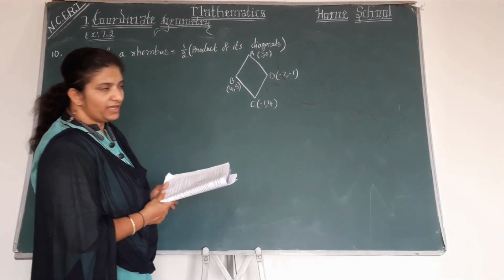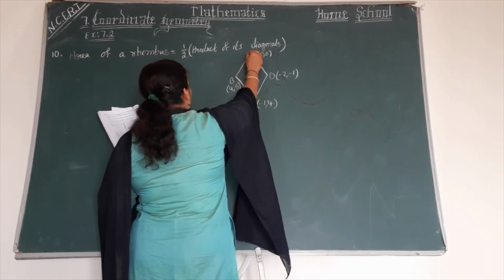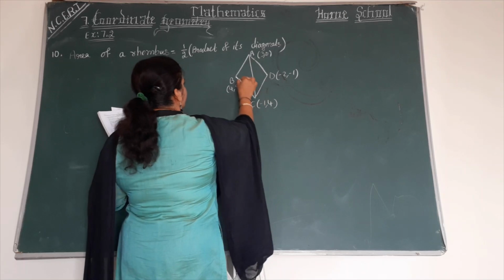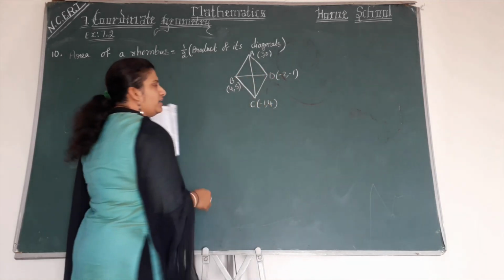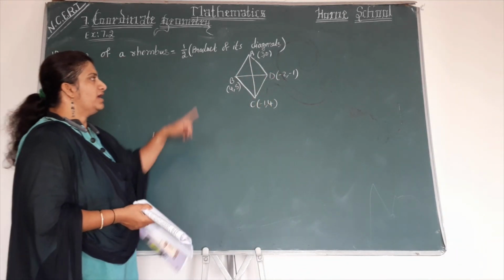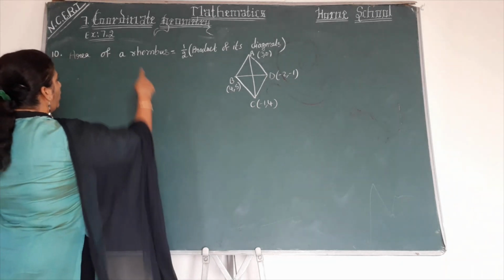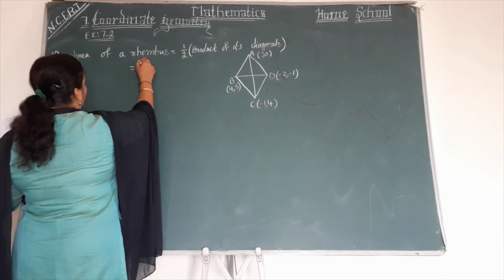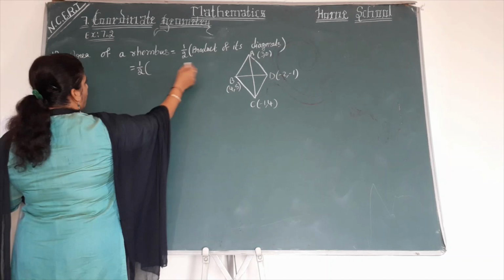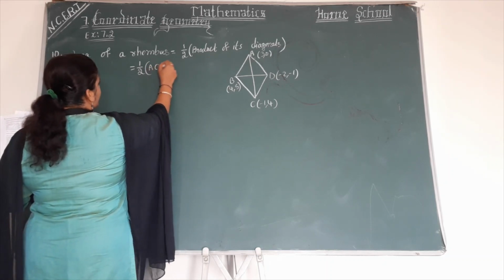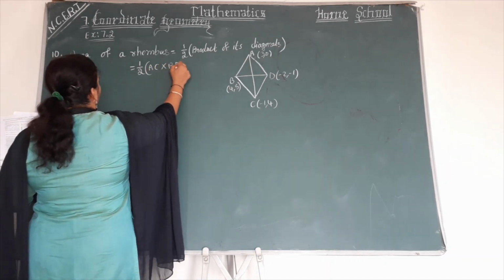So, what are the diagonals here? Let's join the diagonals. AC and BD. What are the two diagonals here? AC and BD. According to the given hint, what is the area of a rhombus? Half of product of its diagonals, AC into BD.